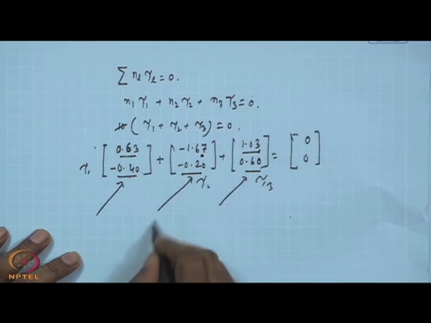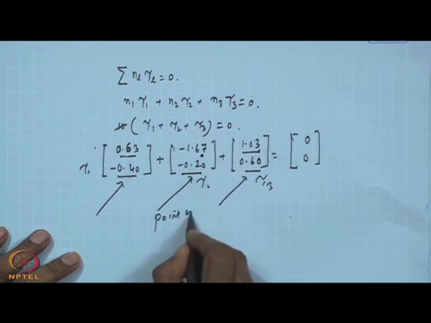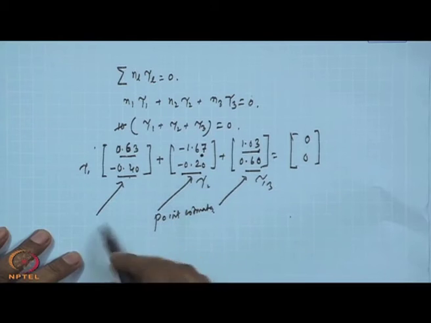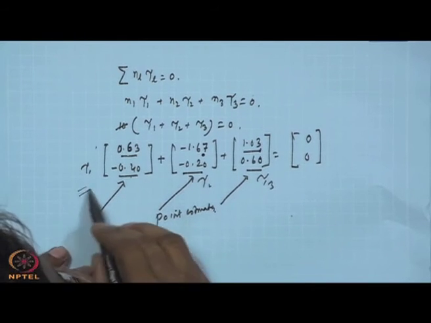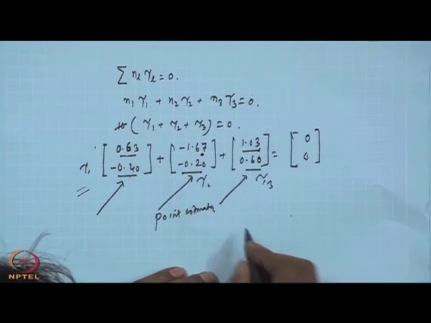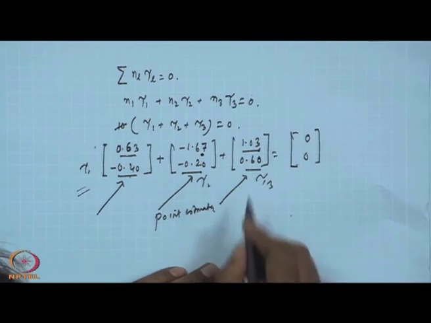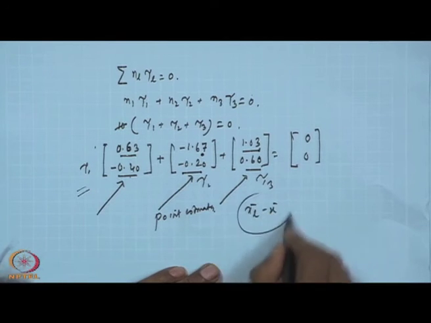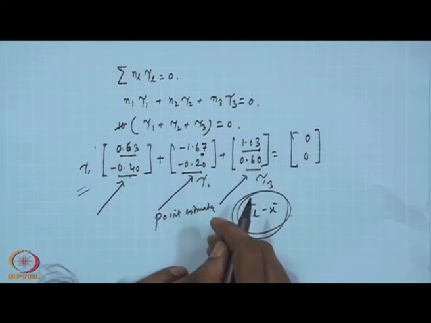So, these are all known as point estimates, correct. Now, we want to know the interval estimate of all those things. So, if you want to find out the interval estimate, then you will definitely require to find out that XL bar minus X bar, what will be the estimate, all those things.